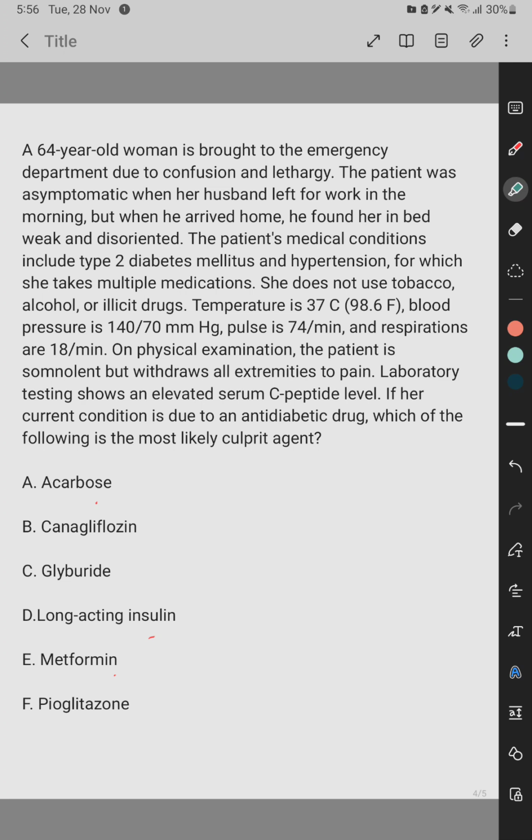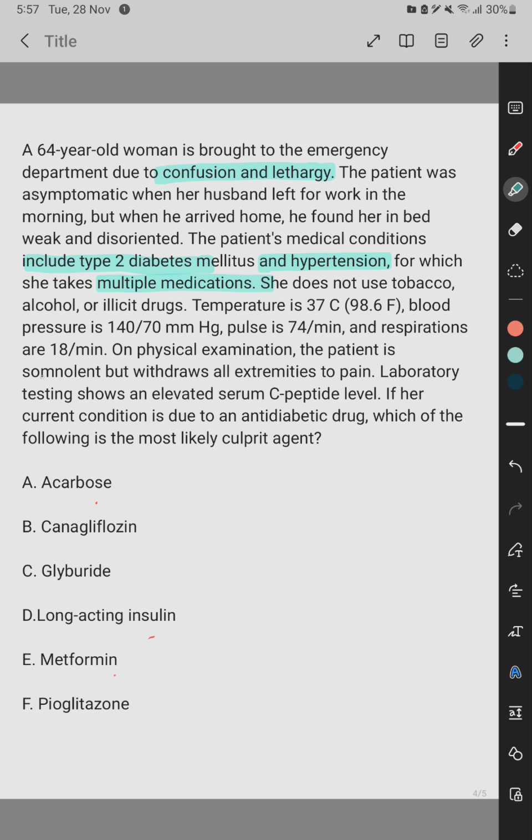Let's see. A 64-year-old woman brought to the emergency department with confusion and lethargy. The patient was asymptomatic before, but now she has confusion and lethargy. Medical conditions are type 2 diabetes mellitus and hypertension, for which she is taking multiple medications. All other parameters are normal, vitals are normal.